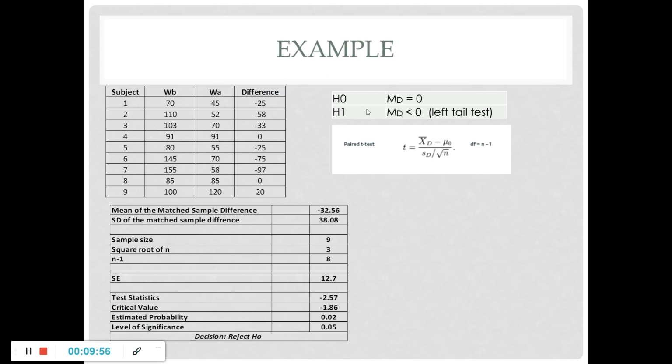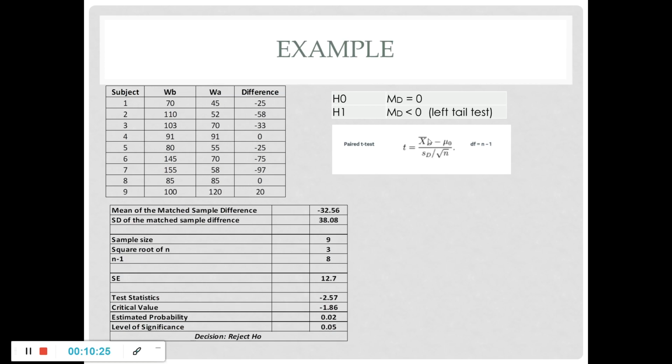So once you specify the null hypothesis, you can specify the level of significance. The level of significance is 0.05. Okay, and next is of course replacing this equation with the formula with the values. So you need the value of the mean of the matched sample difference, right?